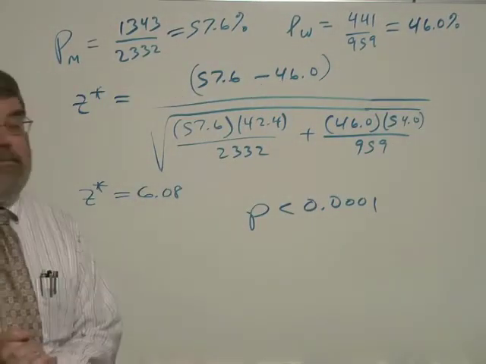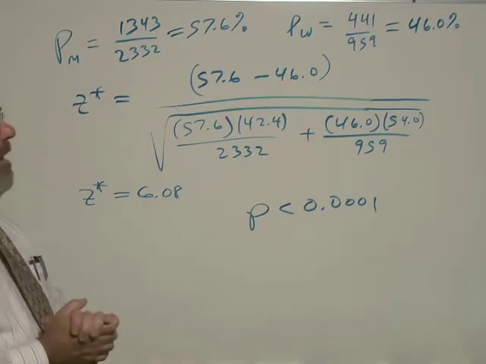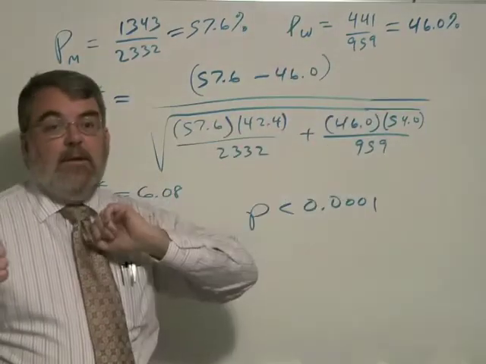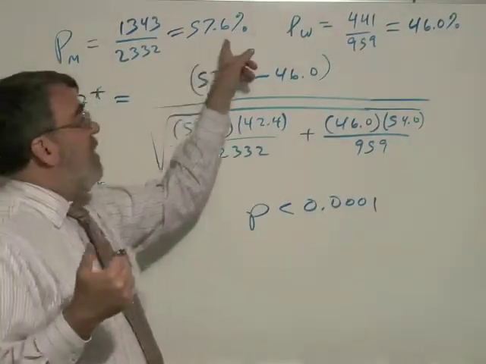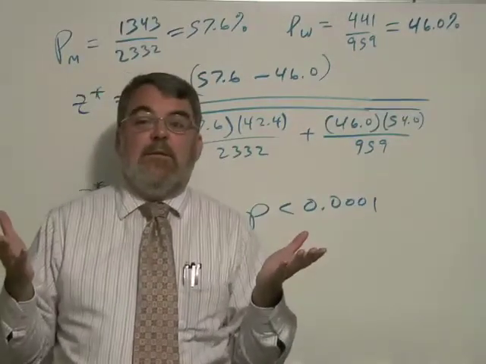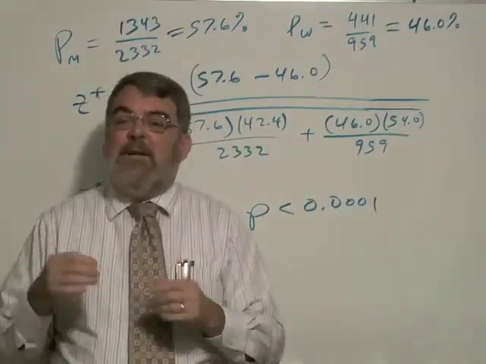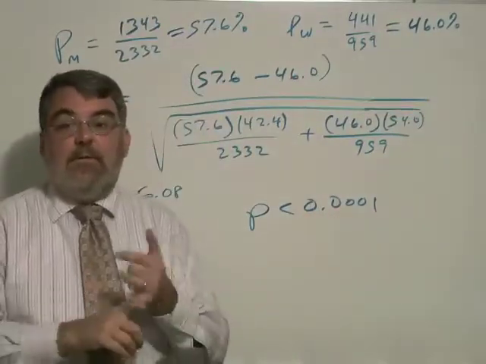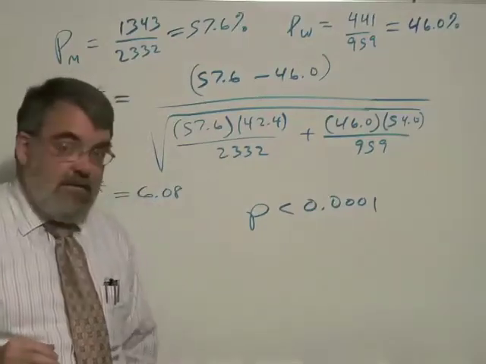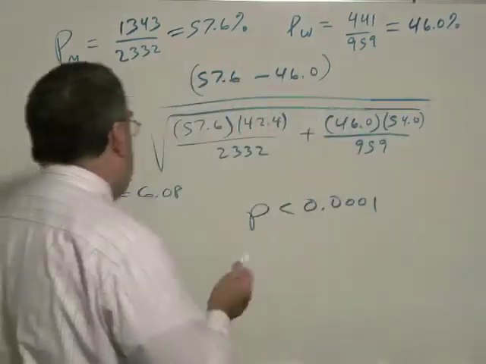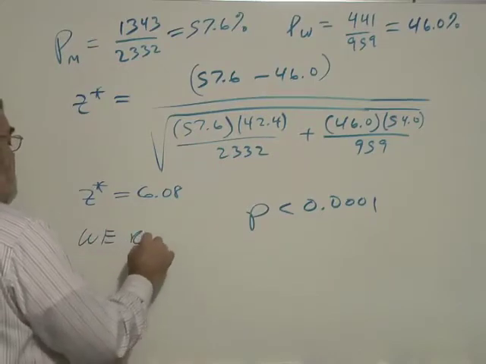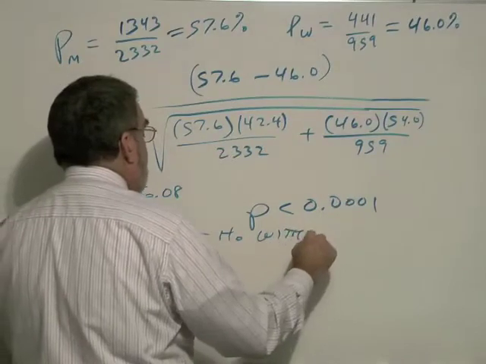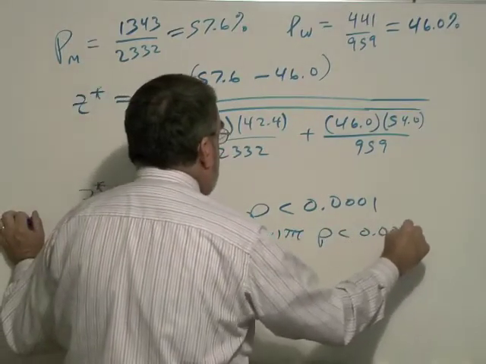Well, what's our conclusion? The odds, or the chance, that we would take samples this large and find this great a difference, when in fact in the population there is no difference between men and women, are considerably less than 1 out of 10,000. So what do we do? We reject the null hypothesis. So, right at our conclusion, we reject the null hypothesis with a p-value less than 0.0001.